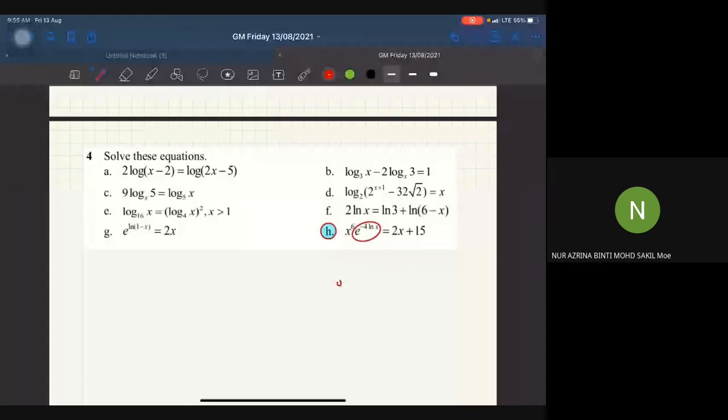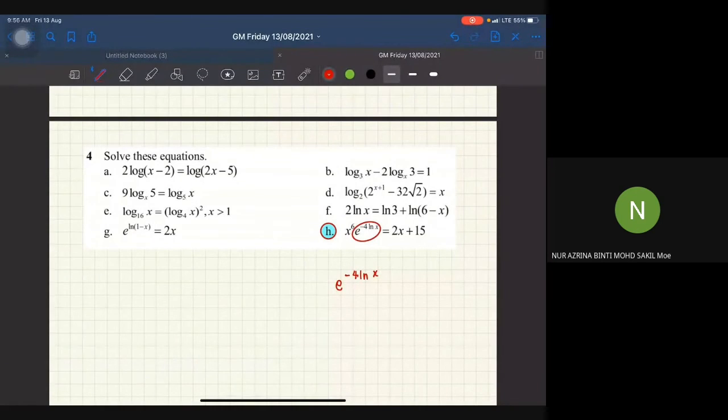So, you have e to the power of negative 4 ln x. Okay. So, kita nak cancel out kan e dengan ln ni. Tapi masalahnya negative 4 ni kacau. So, kita bawa dia naik atas. Okay. So, dia akan jadi e to the power of ln x to the power of negative 4. Then only can you cancel out the e and also the ln. So, you will left with x to the power of negative 4.